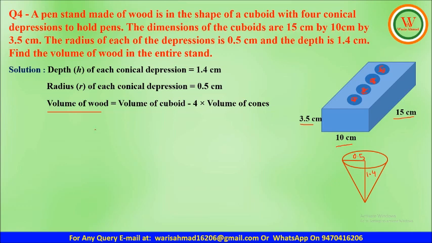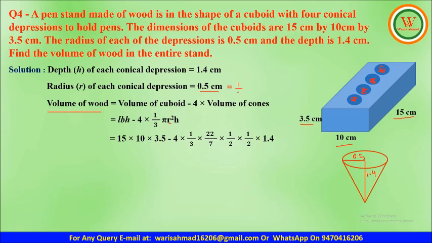After that we write here volume of cuboid is equal to L into B into H, and volume of cone equals 1 upon 3 pi r square h. The values of L, B and H, length, breadth and height, are given. So we can write here 15 into 10 into 3.5, and the value of radius we already have, 0.5 centimeter, or we can say 1 upon 2 centimeter, while the height of the conical depression is given 1.4 centimeter.